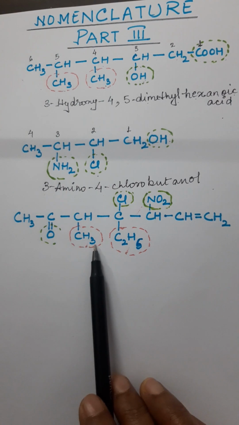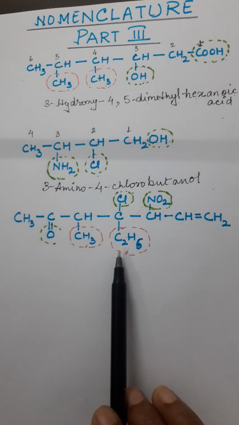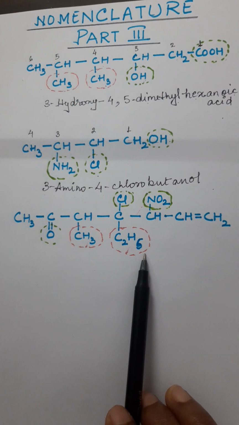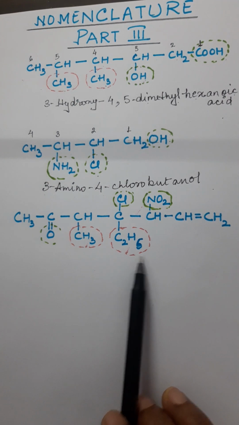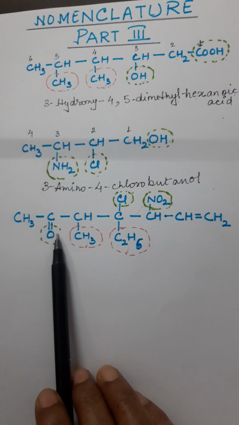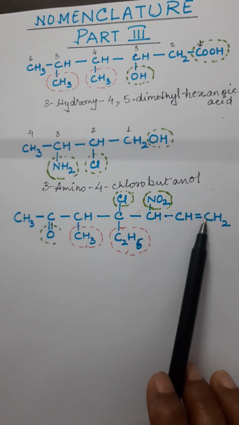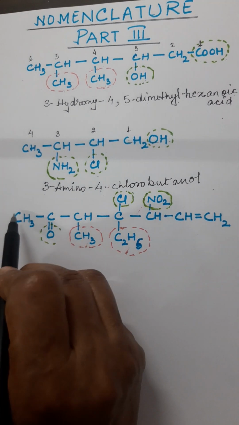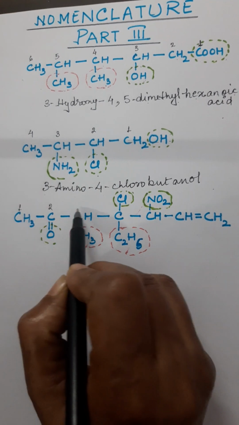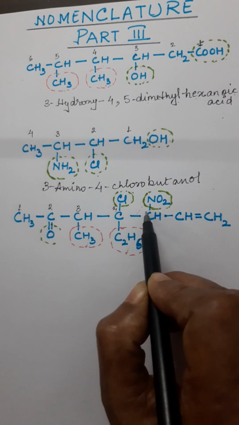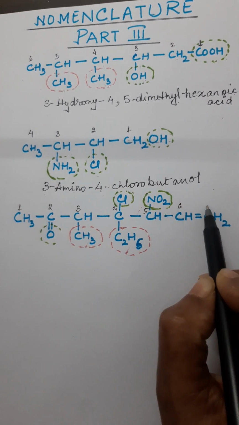One is this CH3 that is methyl and the other is C2H5 that is ethyl. Again, this is the primary functional group. So in this condition, we will number it from left to right. So this is 1, 2, 3, 4, 5, 6 and 7.